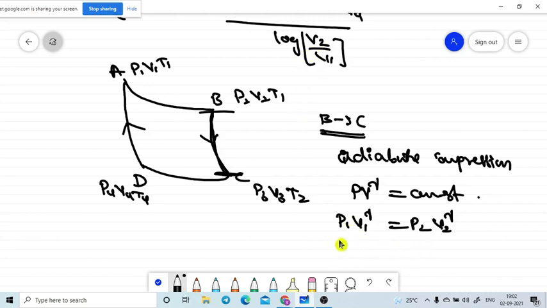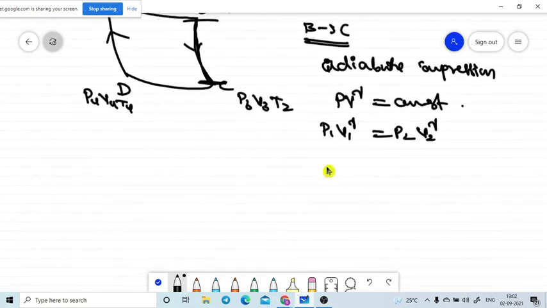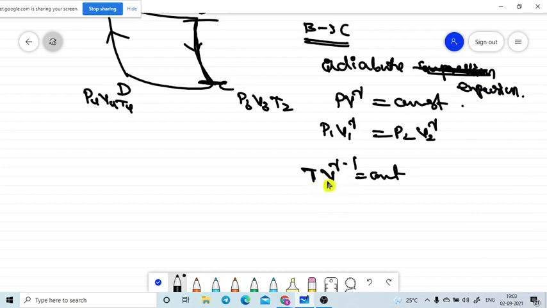Will you please recall the formula in terms of T and V for the adiabatic process? Anybody, please give the relation of T and V terms. TV power gamma minus 1 is equal to constant. B to C is adiabatic expansion, sorry, it is the expansion. So in adiabatic expansion, in T and V terms, TV power gamma minus 1 is equal to constant.